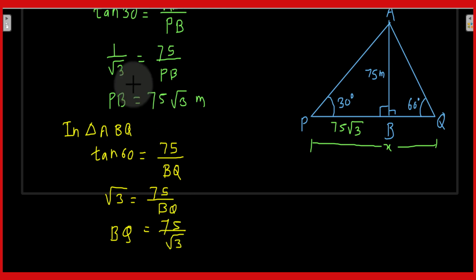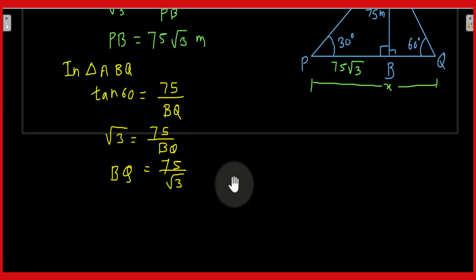So here PB you have got as 75 root 3 and BQ as 75 upon root 3, and we have to find PQ. This PQ is PB plus BQ. So I solve the remaining part here.